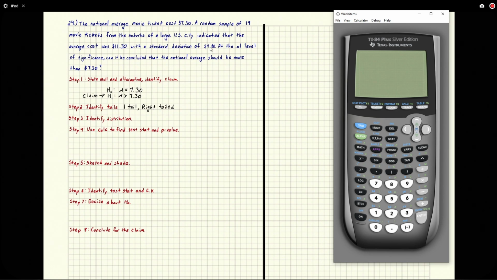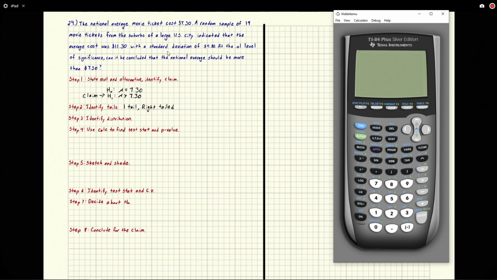Since it's a sample standard deviation, and also our sample size is very small, only 19, that means we are going to have to use a T distribution. If it was a population standard deviation, then we could use a Z-score. Or if we had an extremely large number of samples, that could also justify using a Z-score.